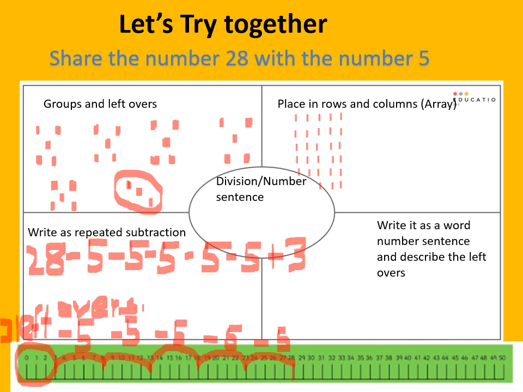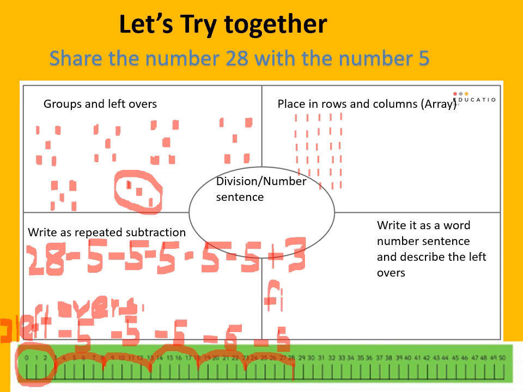Now we need to write this as a word number sentence and describe the leftovers, okay? So you can think of your own number sentence, how we can write that. We've used rows, or we can talk about groups. So we might say, and remember we want to write this in words.